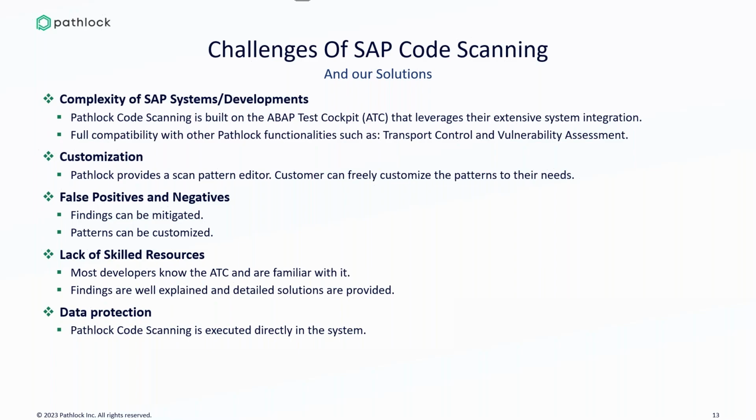An advantage of our code scan solution is that we have full compatibility with other functionalities such as transport control. You can include transport control and code scanning, and you can integrate vulnerability assessments and code scanning. This I will also show later.